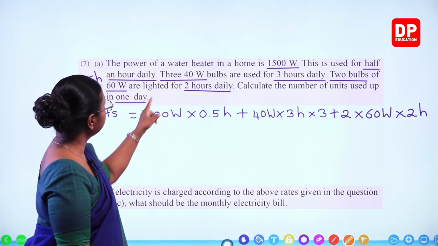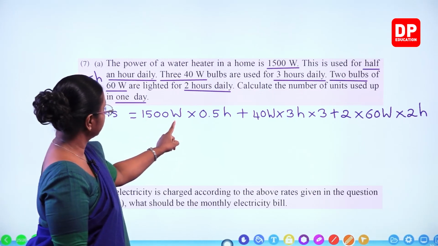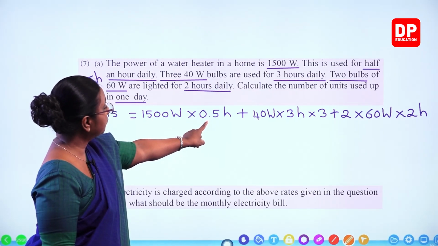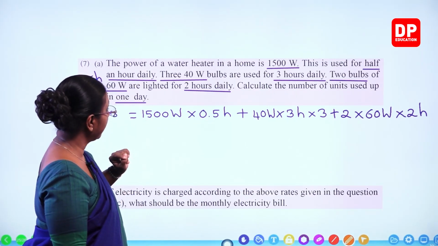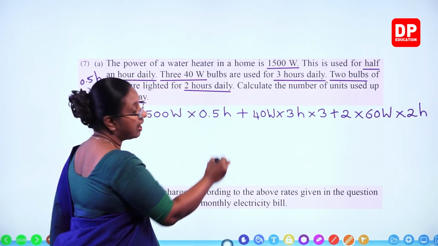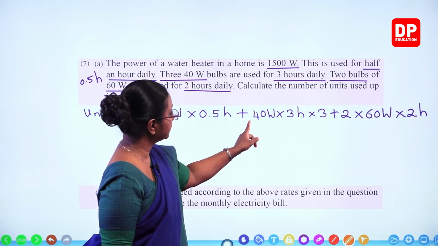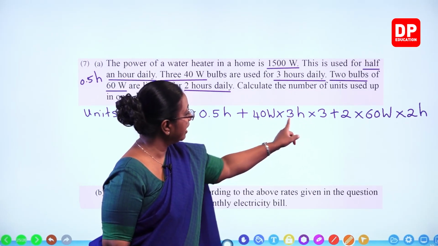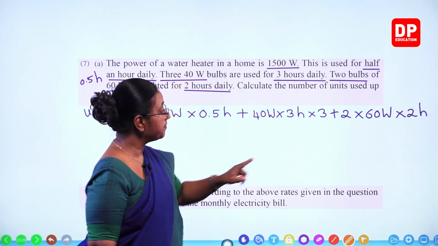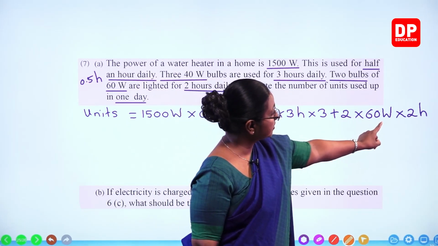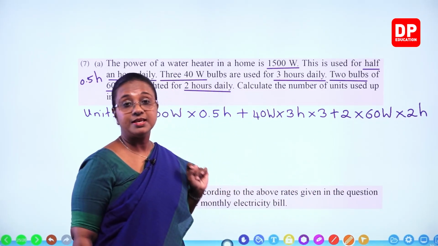If you check again, there is the water heater 1500 watts used for half an hour, 0.5 hours, plus 3 bulbs of 40 watts used for 3 hours per day, and 2 bulbs of 60 watts used for 2 hours daily.